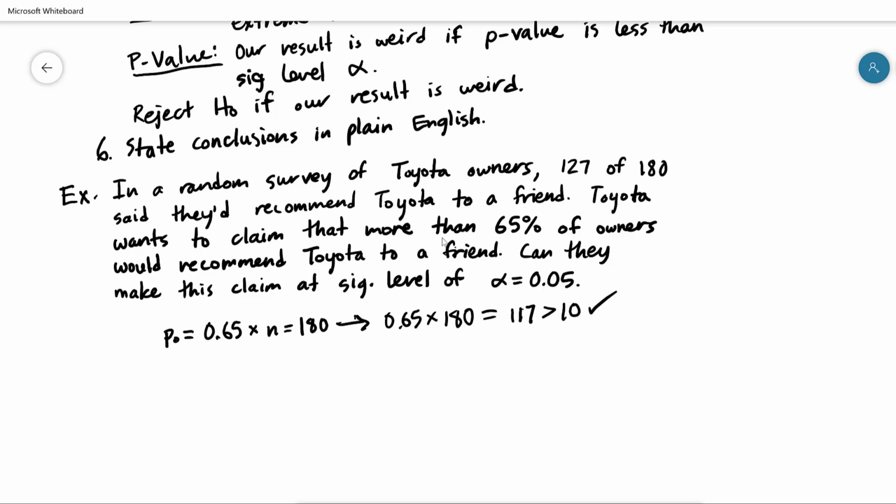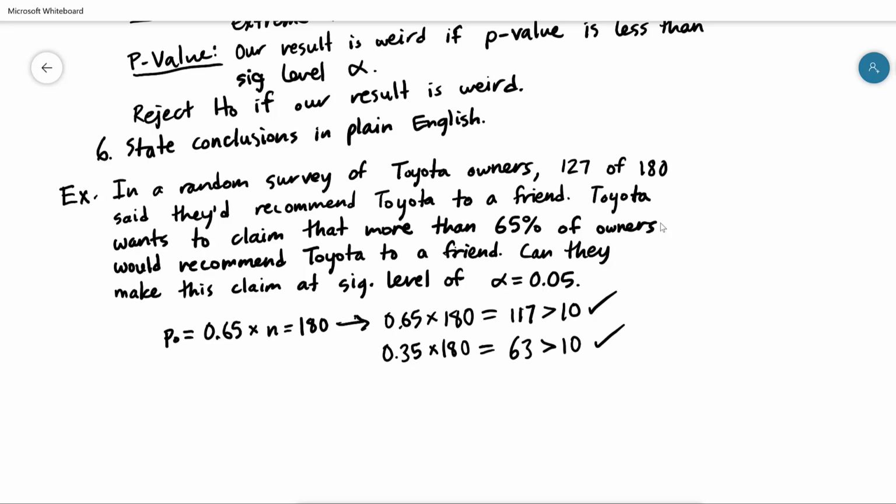And the other one we need to do is 1 minus p naught. So if 65% of owners claim that they'd recommend it to a friend, that leaves 35% that don't, so the other number that I need to check is that 35%, the 1 minus 0.65 times 180, and when I do that number, I get about 63 individuals, which is also greater than 10.